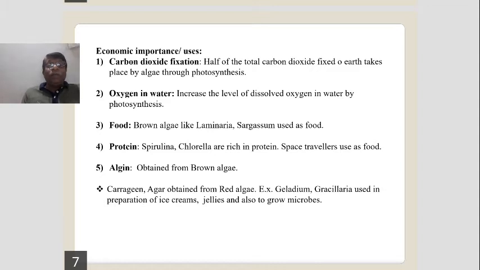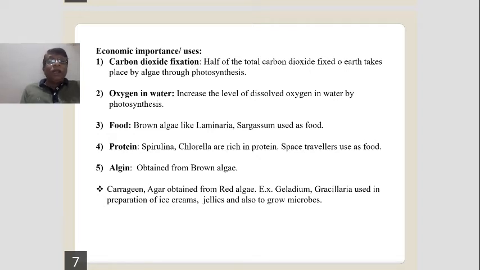Another economic importance, algin. Algin is obtained from the brown algae. Brown algae means Phaeophyceae members. Carrageen, agar, obtained from red algae.